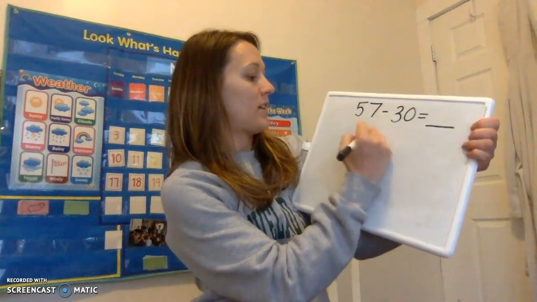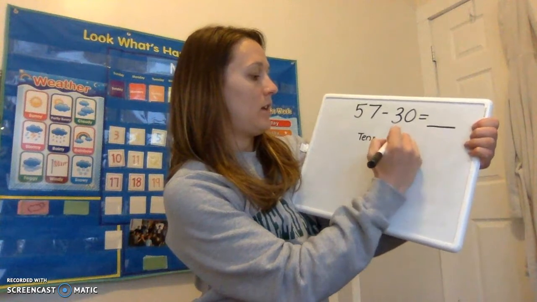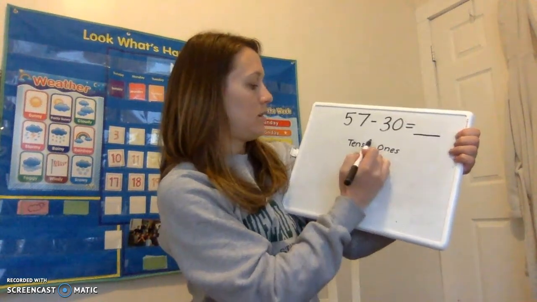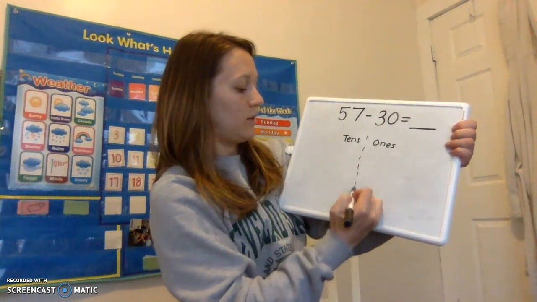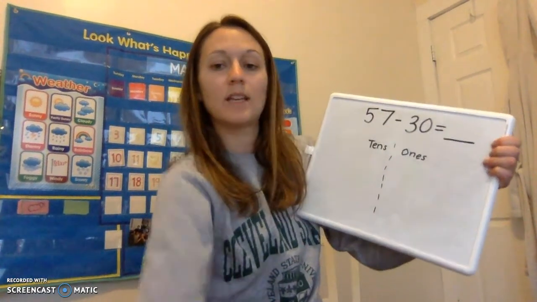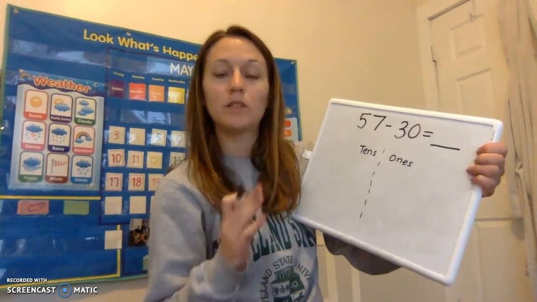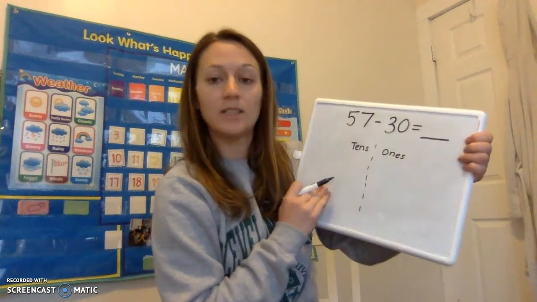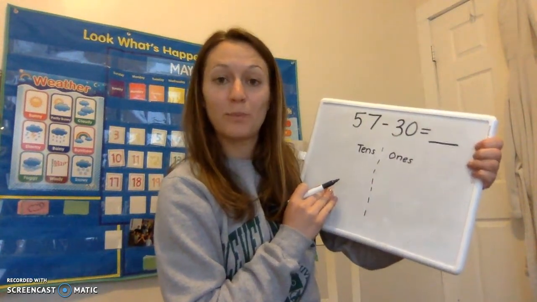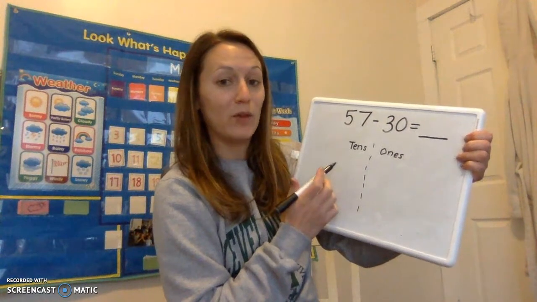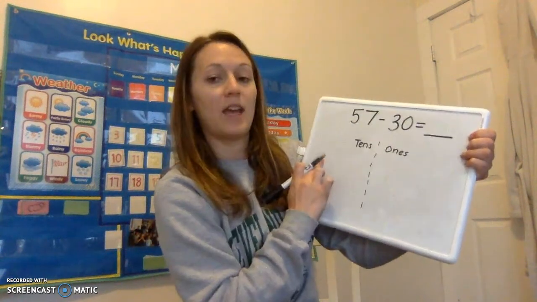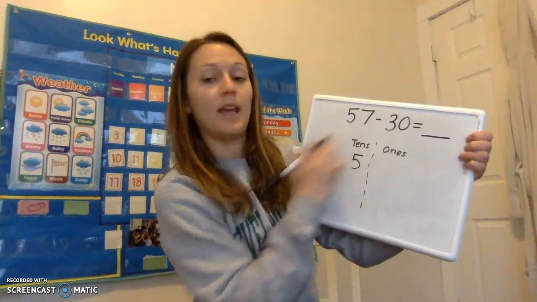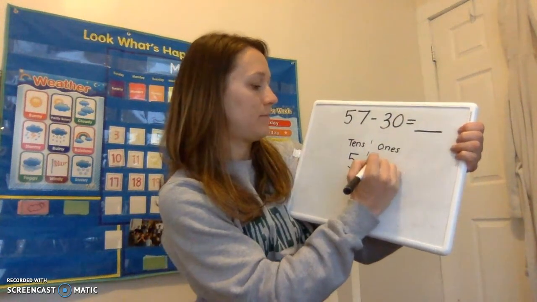Again, you have your tens and your ones. Ones are always on our right. And I have my imaginary line that goes down. When I set up a subtraction problem, I always start with the biggest number, or the first number in my subtraction sentence. What is my first number? If you said 57, you are correct. 57 has 5 tens and 7 ones.